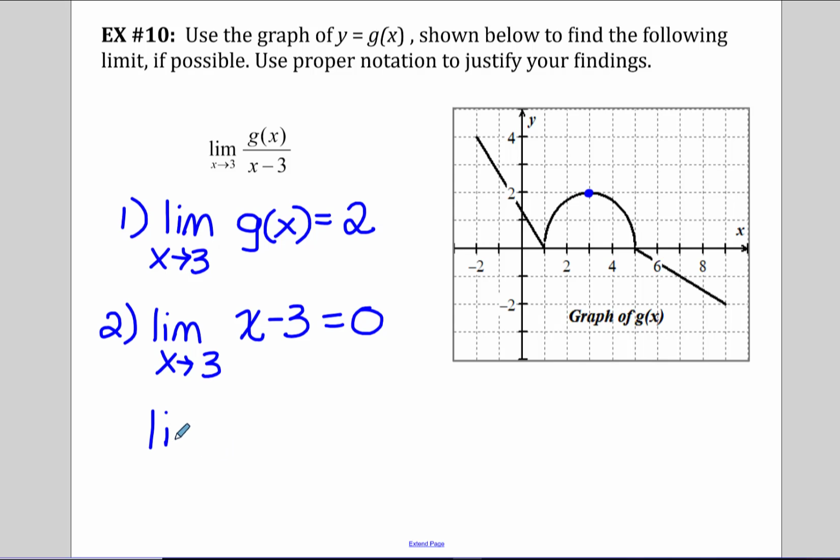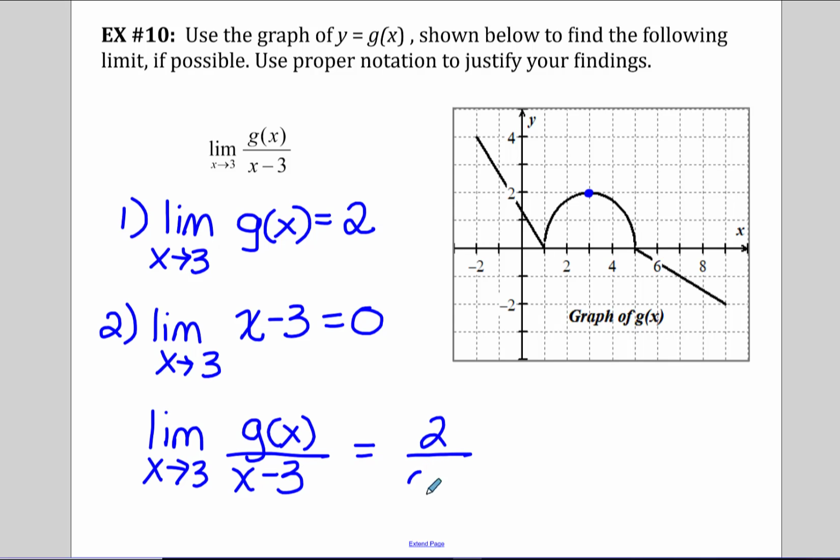So we can't use L'Hopital's rule on this problem. We know that the limit of g of x divided by x minus 3 at 3 is 2 divided by 0. So all we can say is that limit does not exist. We don't know anymore. We don't even know the behavior to put them together. We just have an undefined limit.